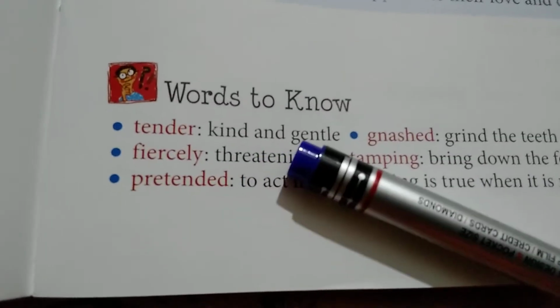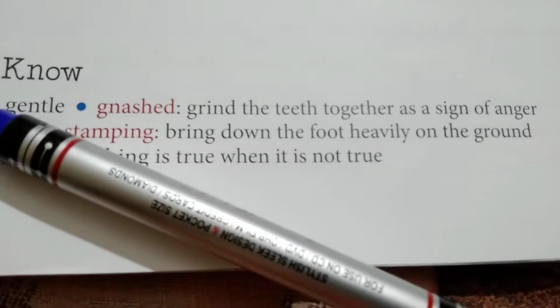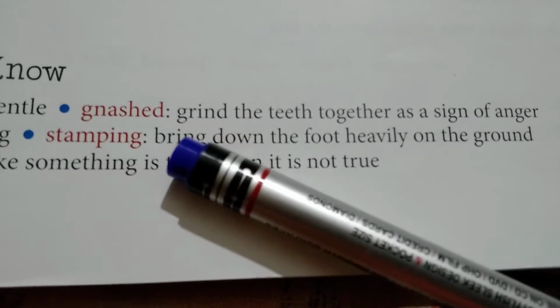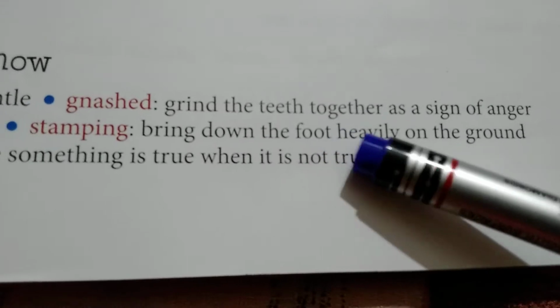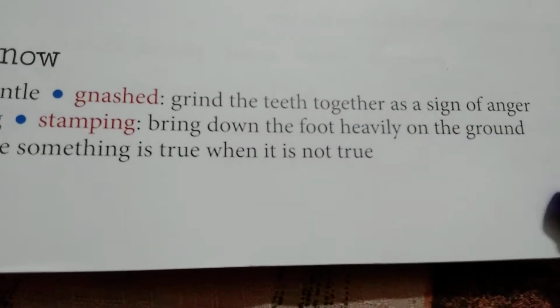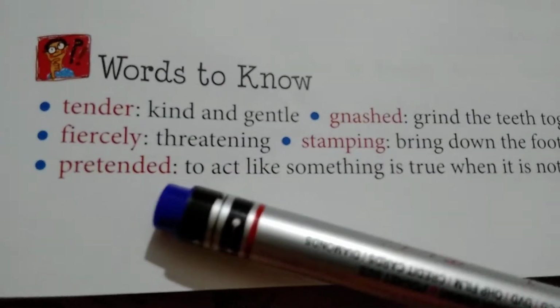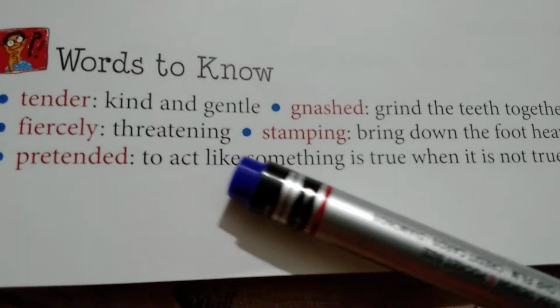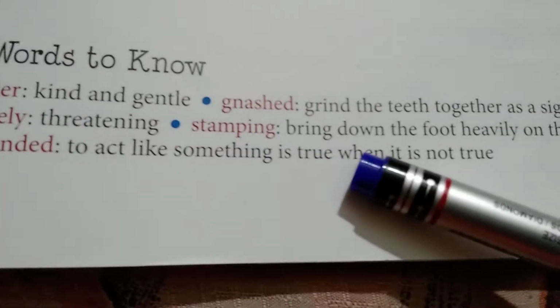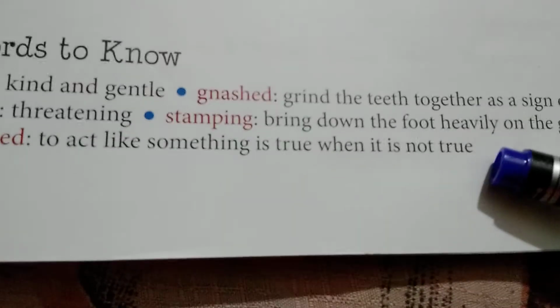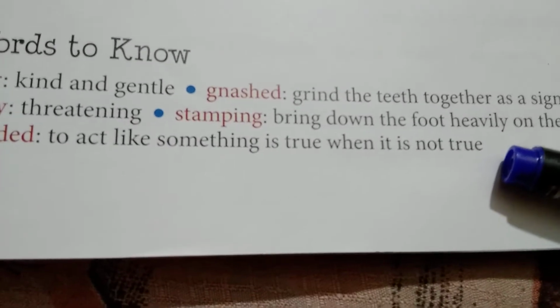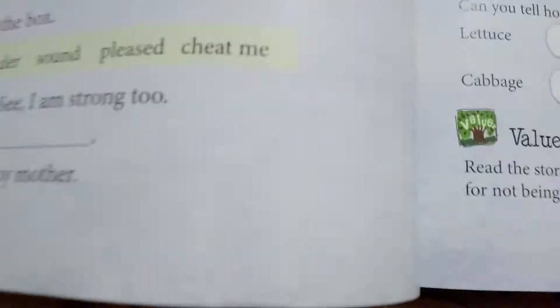Fiercely, threatening. Stamping, bring down the foot heavily on the ground. Pretended, to act like something is true when it is not true. That is pretending. And now the book exercise.